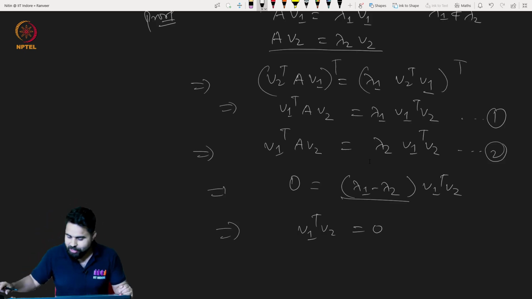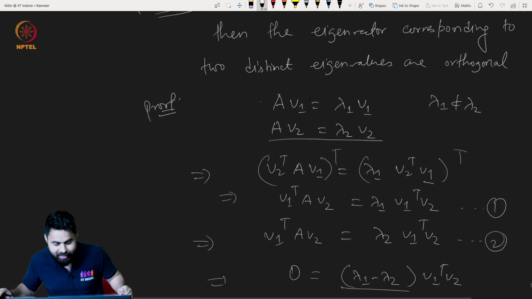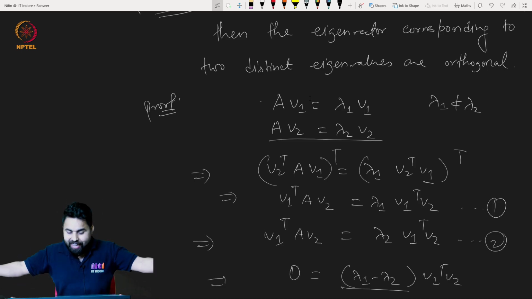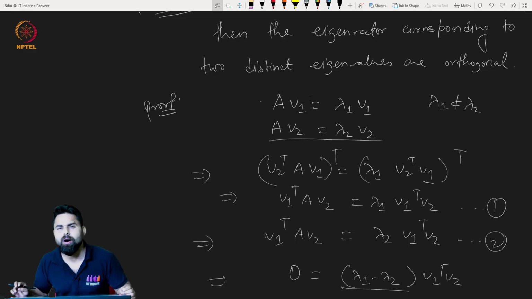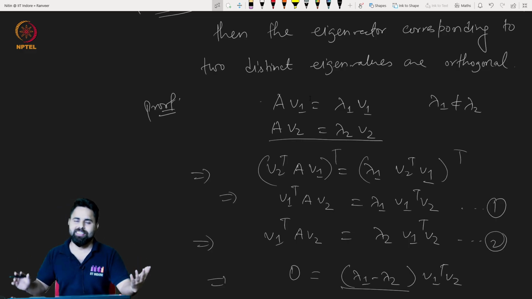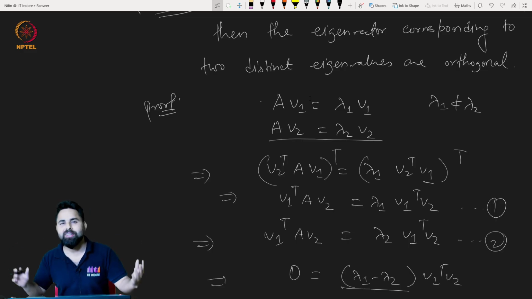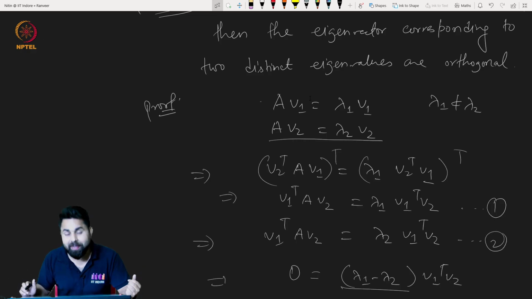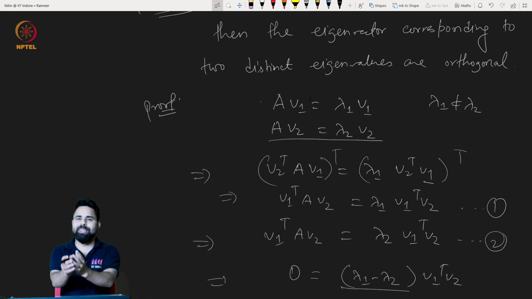And by the way, now you must be asking why we have asked only about two distinct eigenvalues. Suppose there are k distinct eigenvalues. What about the corresponding eigenvectors? We will see that in the next theorem. We will see, maybe from the next lecture onwards, that you can always come up with n orthogonal eigenvectors corresponding to the eigenvalues of a symmetric matrix, irrespective of whether the eigenvalues are distinct or not.